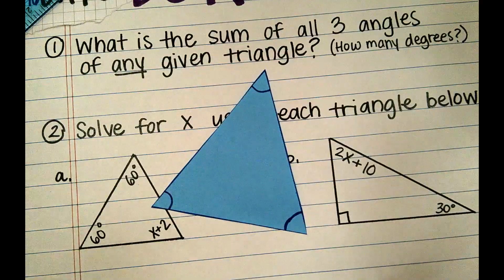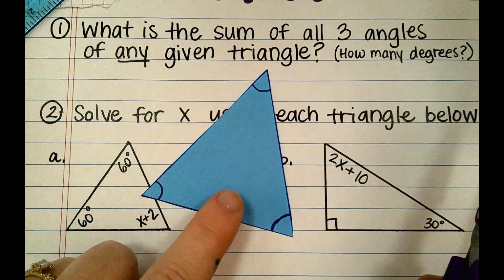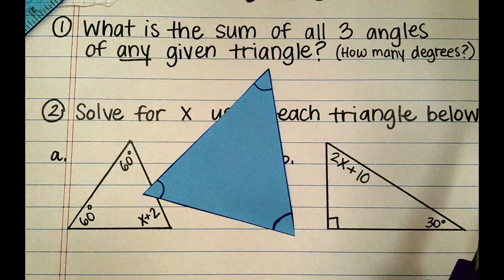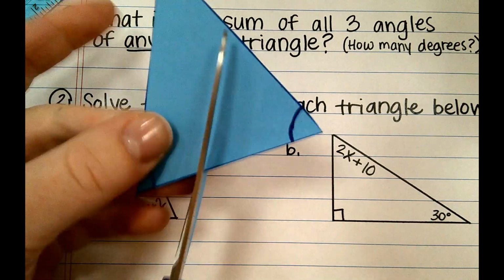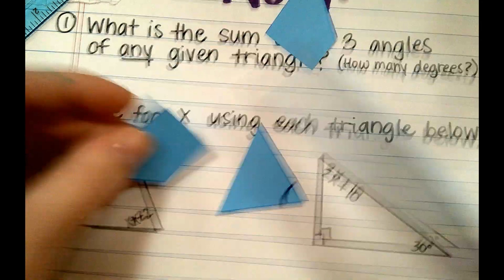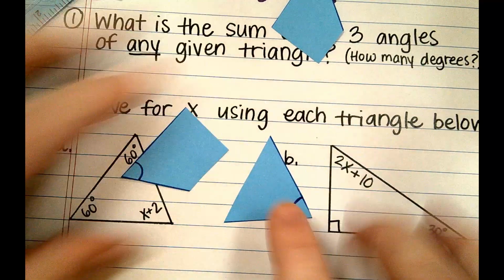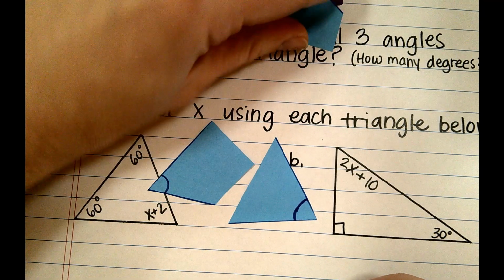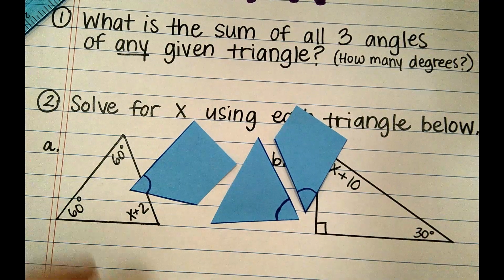And I see my 3 angles. So the next thing I'm going to do is I am going to separate all 3 angles from my triangle. So I'll just cut off that angle, and I'll cut off these 2 angles. So now I have 1 angle, 2 angles, 3 angles shown by the arcs.